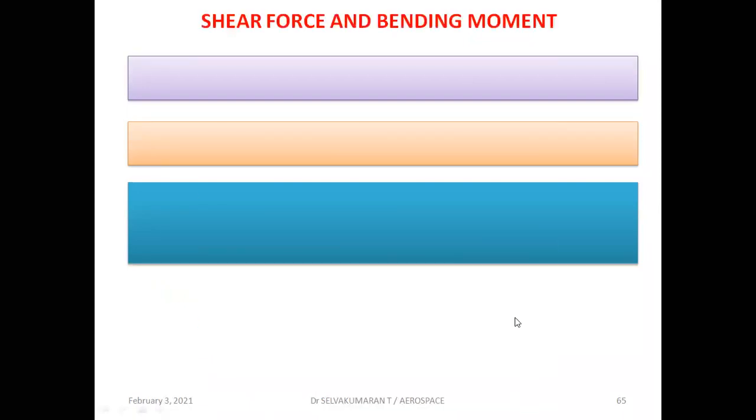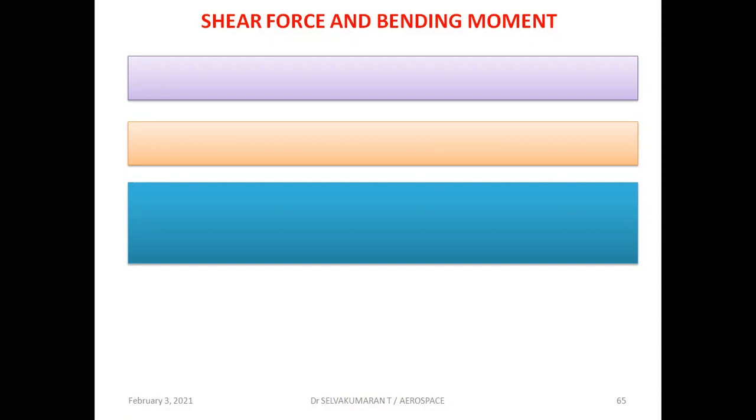Now we are going to see, as I told you, by definition a beam is nothing but a horizontal structural member which is resting on any type of support. It can be called a simply supported beam, fixed beam, cantilever beam, overhanging beam, or a continuous beam, whatever it is.